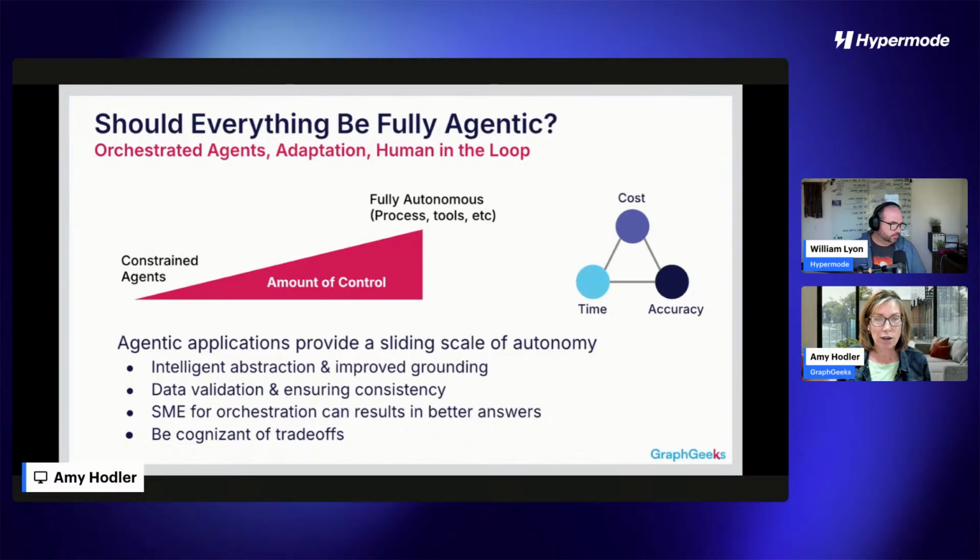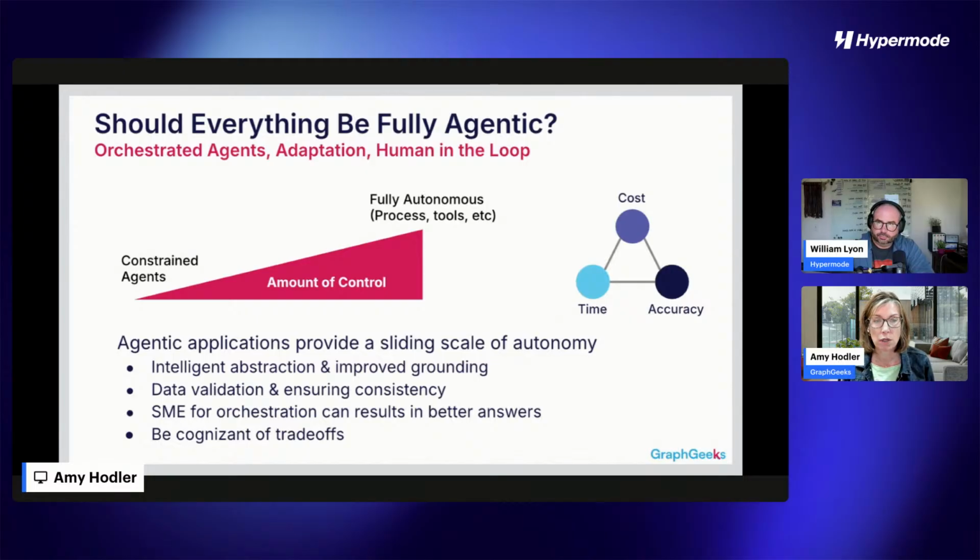I think of it more as a sliding scale, and I don't think you ever really want fully one way or the other. And so there are always trade-offs you have to make. And so what we talked about in the workshop and the training is first grounding material in LLM and agentic workflows rather than fully agentic.